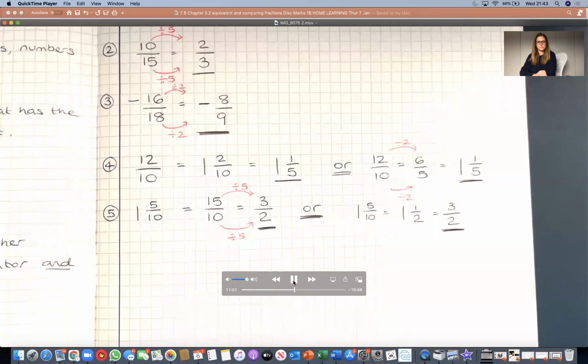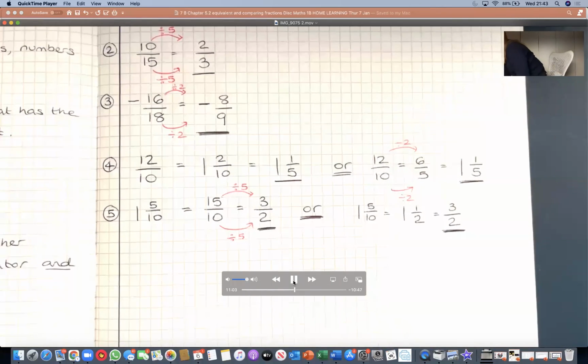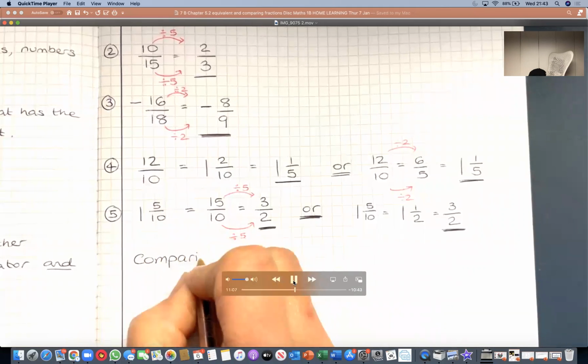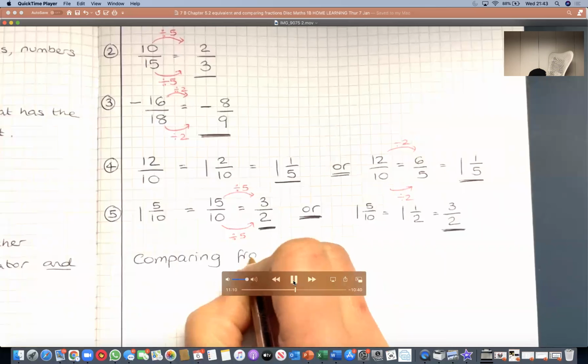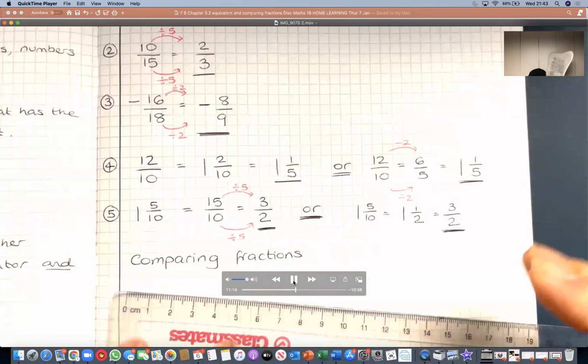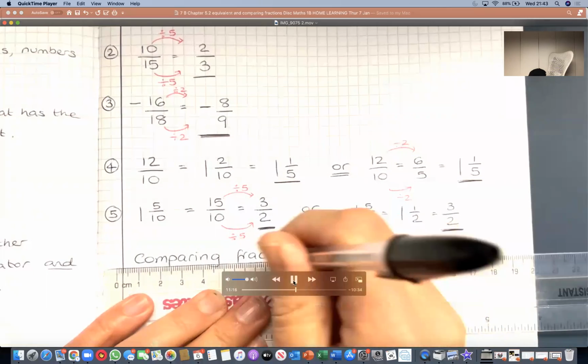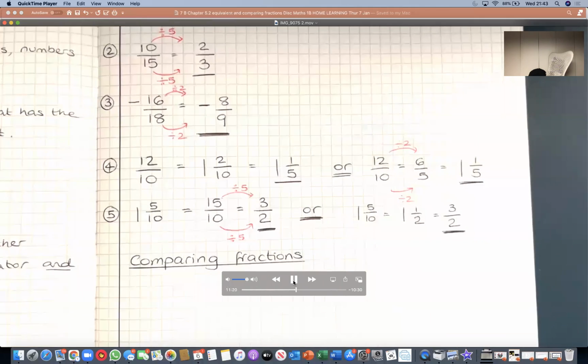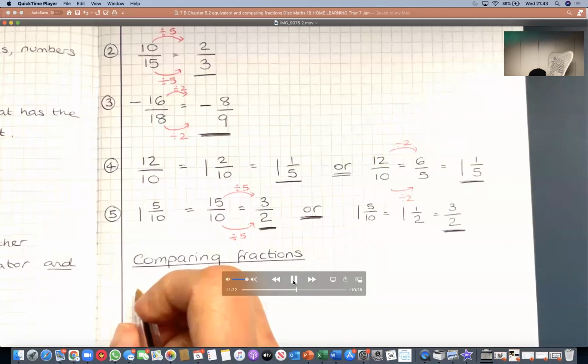To finish off, I just want to quickly talk about comparing fractions. This is our last little subheading for today's lesson. Comparing fractions. The way we normally do comparing fractions is if the denominator is the same.